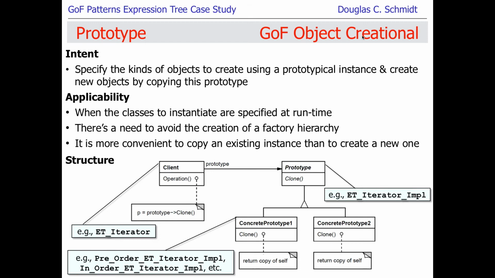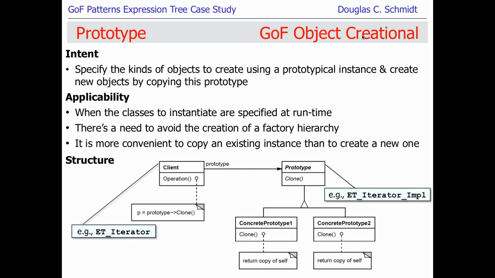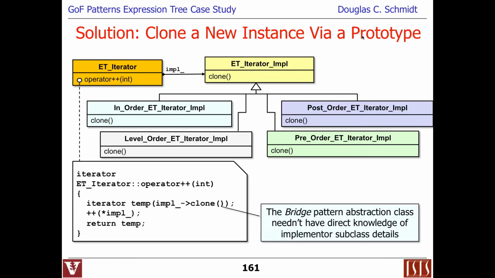Now, as we saw in this particular example, we have the bridge pattern. Going back over here, this is another good example of pattern compounds. The iterator is the bridge pattern because we have things like operator plus plus, which are forwarded to the appropriate implementation methods that are part of the hierarchy.